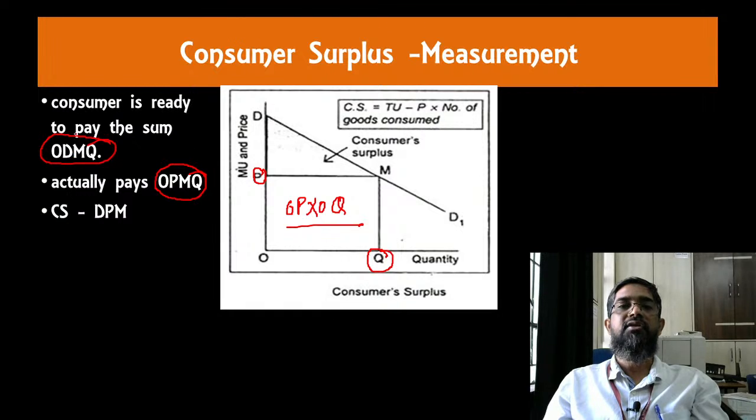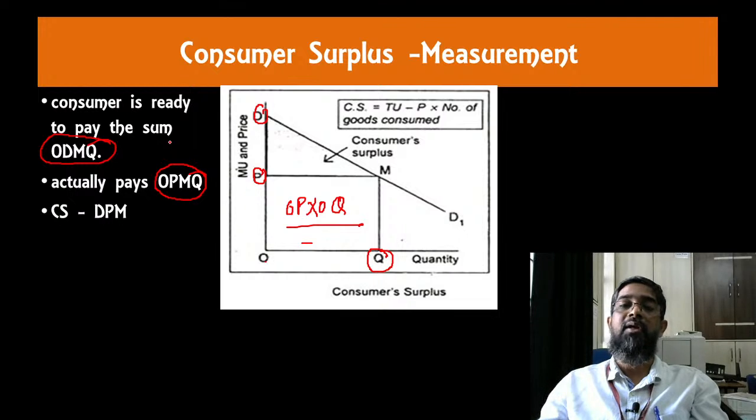This is the utility you are getting. Your payment is OPMQ, whereas the utility you are getting is ODMQ.